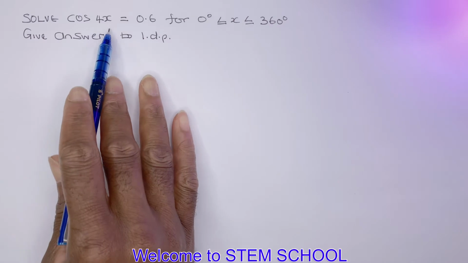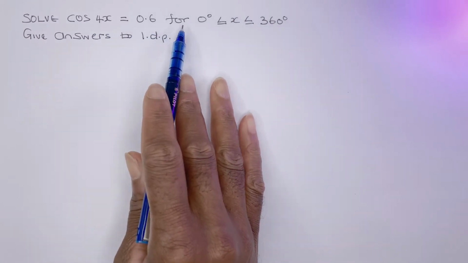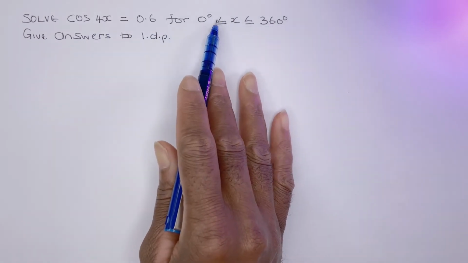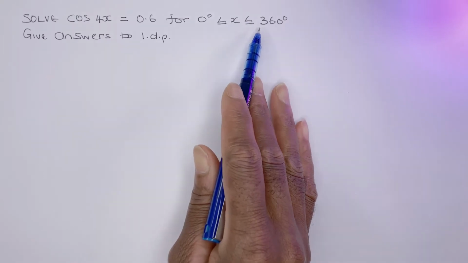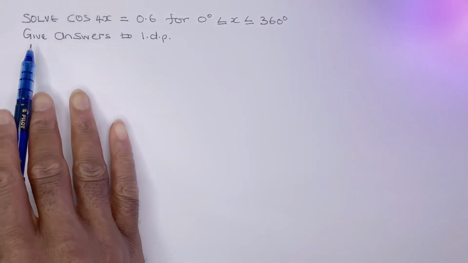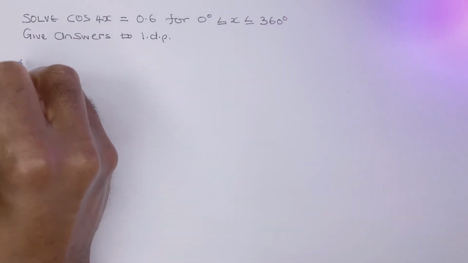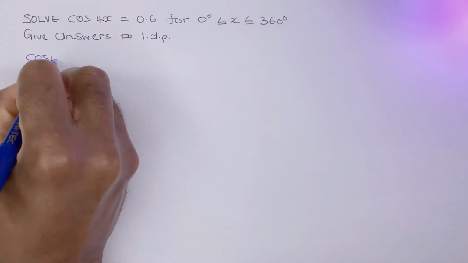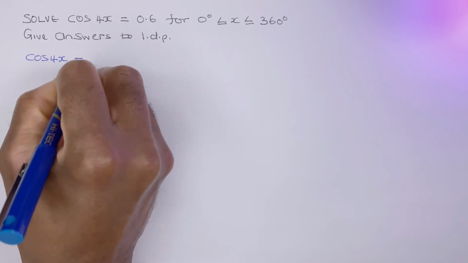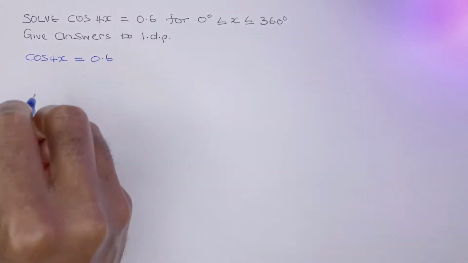Solve cos 4x equals 0.6 for 0 degrees less than or equal to x less than or equal to 360 degrees. Give answers to one decimal place. As usual, we're going to say cos 4x equals 0.6.